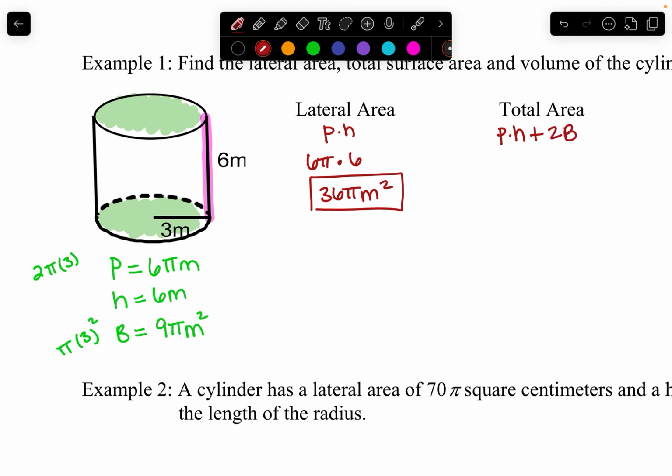So P times H we already got was 36 pi. And then big B in this case is 9 pi. So I have 36 pi plus 18 pi, which is 36 plus 18. That is 54 pi. And that is meters squared.